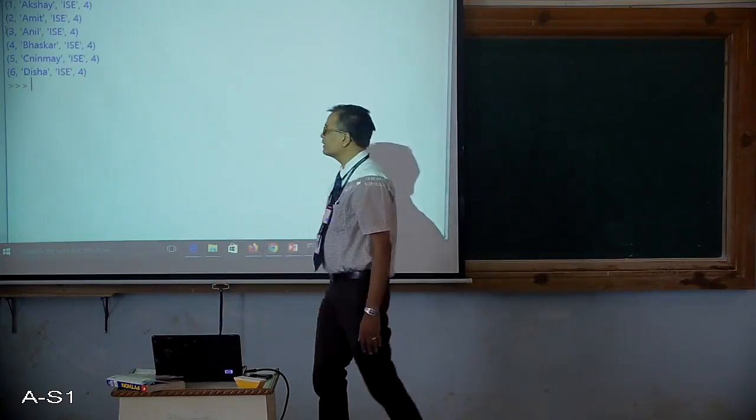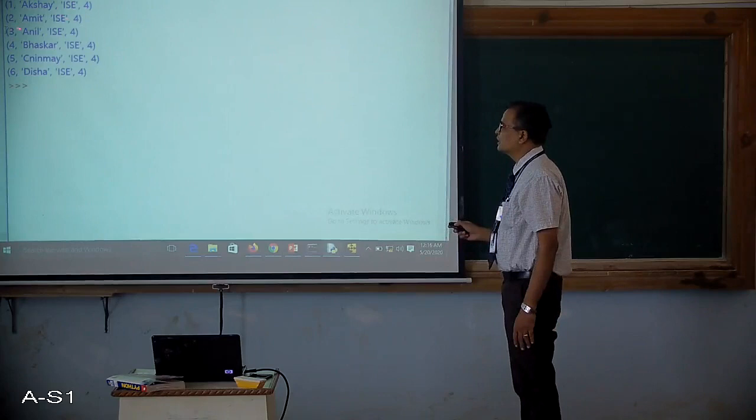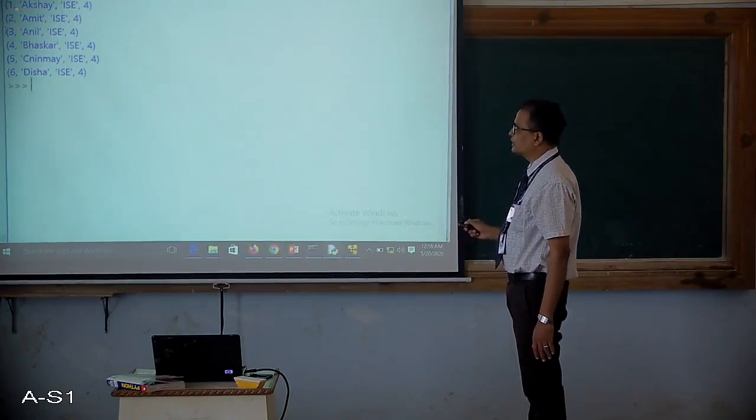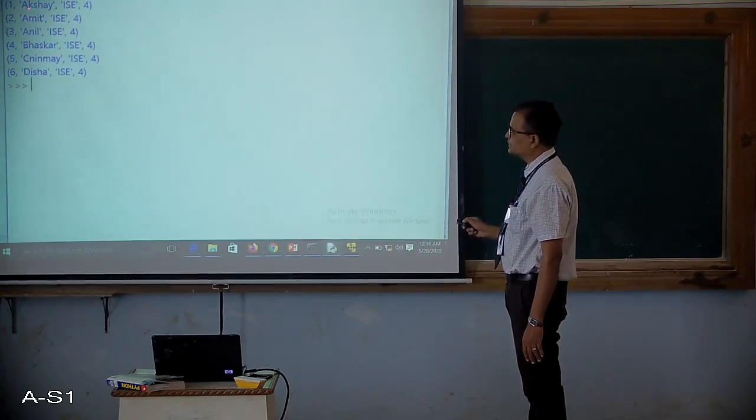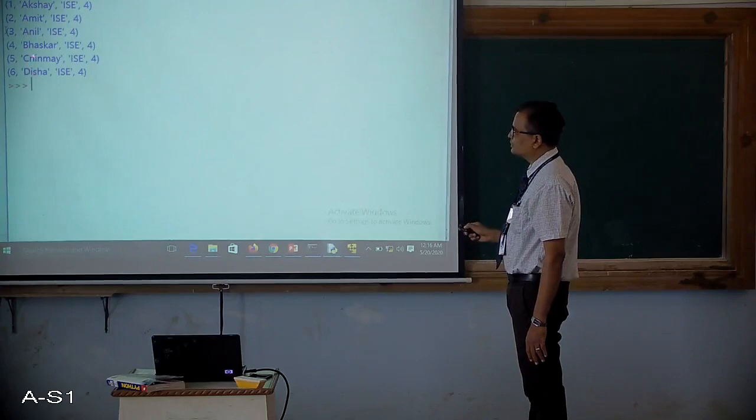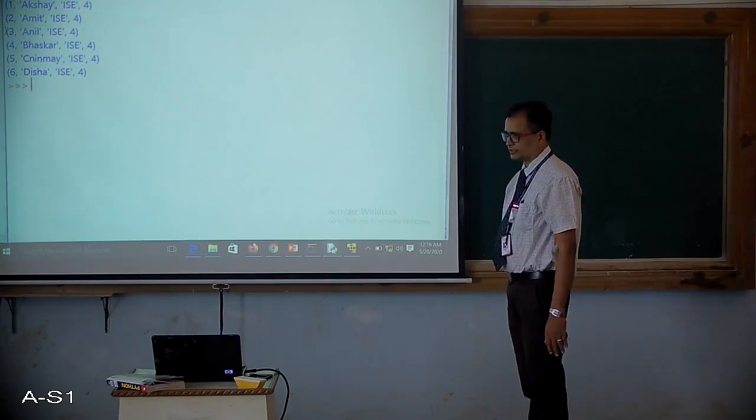So what we have done is executed a program successfully wherein we have inserted these 3 first and these 3 next. So totally we have got 6 records with us.